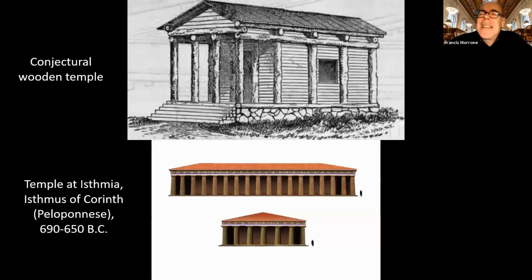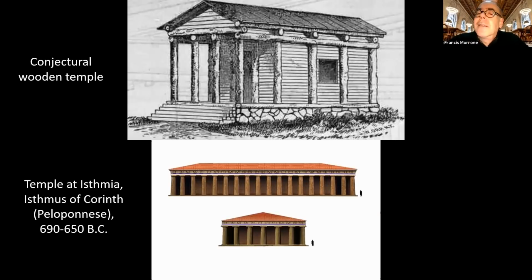Now, this is something I want to get into because it becomes rather specialized, but mention of it must be made. The earliest Greek temples, all the way up to the Archaic period, were not stone buildings. They were wooden buildings. And we have a conjectural wooden temple visible at the top of the slide. It looks like a log cabin, doesn't it?